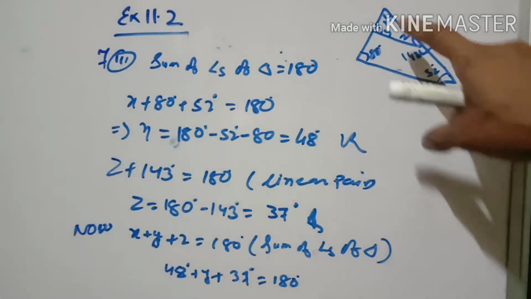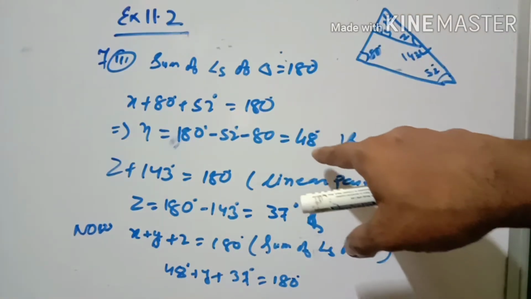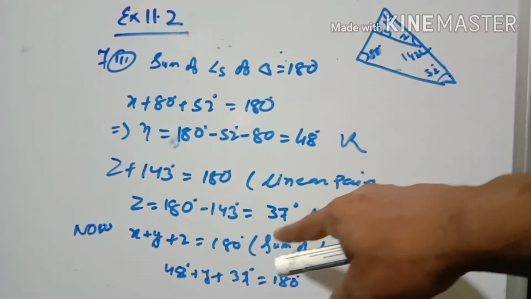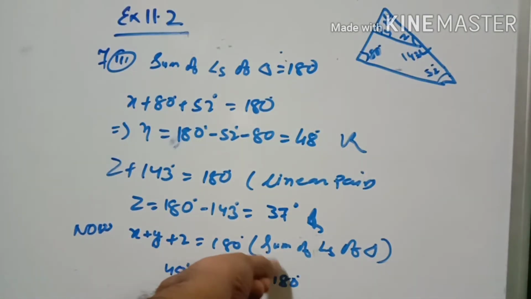Now see here creating one more small triangle, x plus y plus z. I already got the value of x and z. So I can put x plus y plus z equal to 180 degree because sum of angles of a triangle. The value of x equal to 48 degree, value of y we have to find out, and z equal to 37 degree, equal to 180 degree.